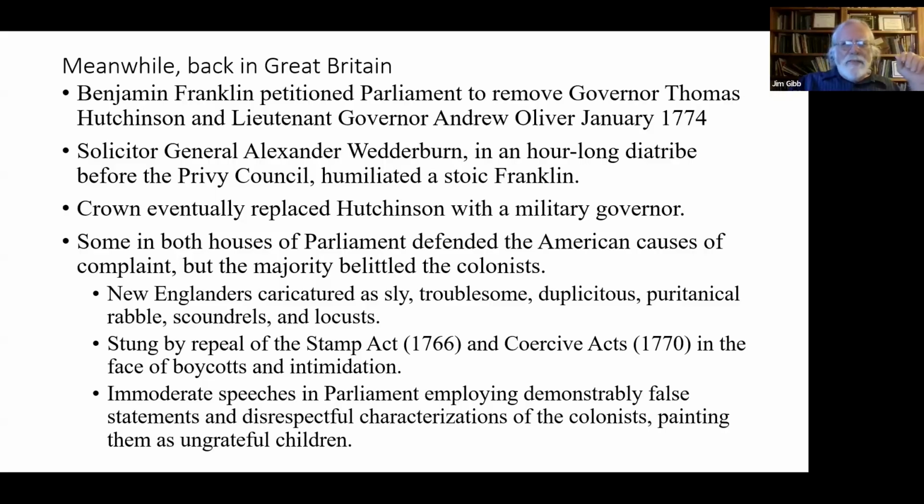And they also said that they were cowards, that during King George's War back in the 1740s, when attacking the French fort, Louisburg, the New England militia turned and ran. They were cowards. And it was the British troops who took the place.